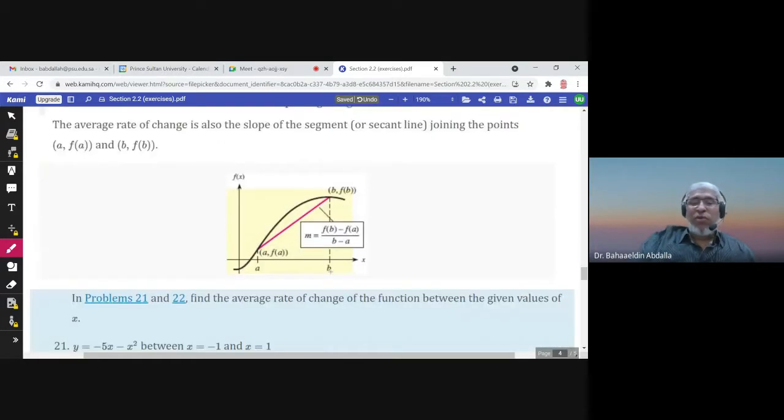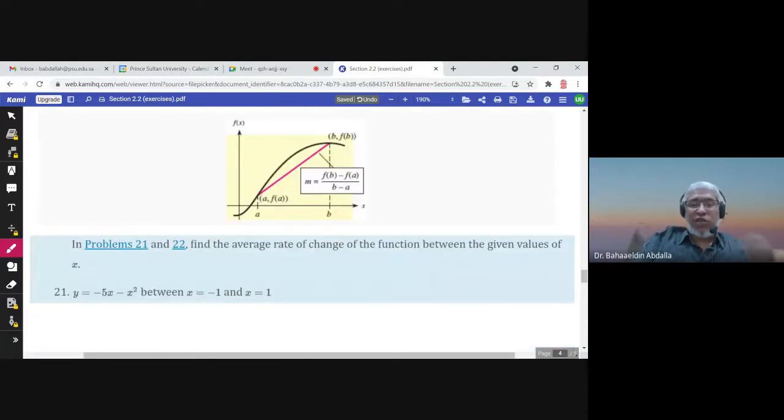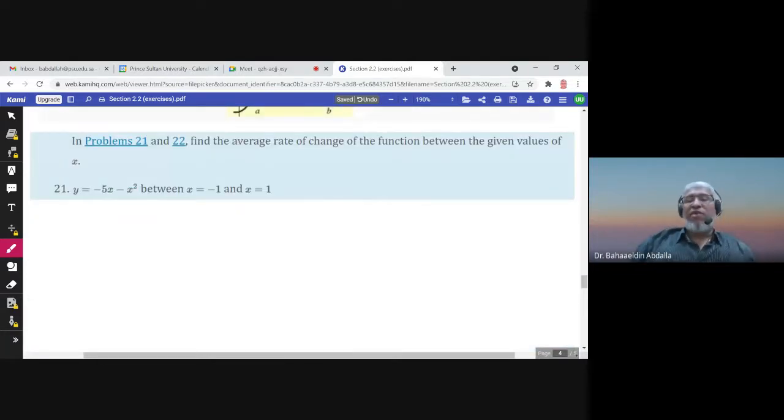The slope of the segment or the secant line between these two points, (a, f(a)) and (b, f(b)). That's the average rate of change. Example: find the average rate of change of this function between these two values.